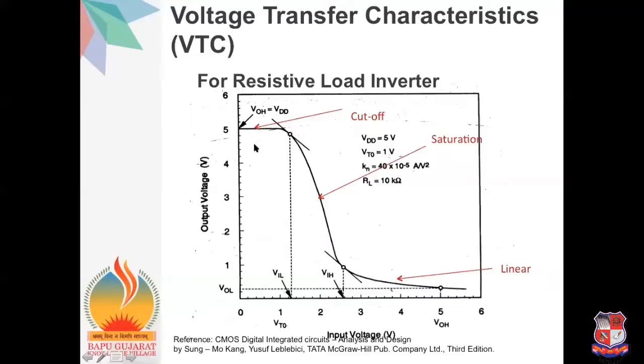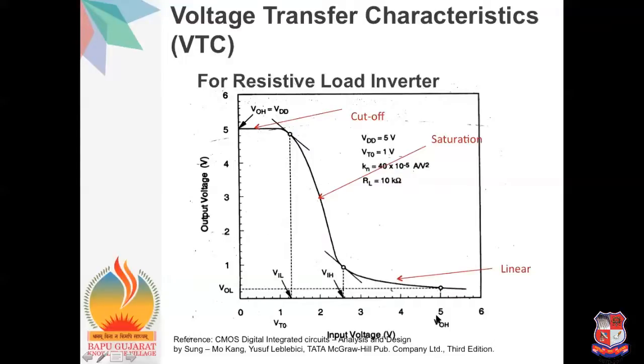At that time the output is the high output VOH, that is equal to VDD at input 0. Then the output voltage slightly decreases, and when the slope dVout by dVin becomes -1, that is the critical voltage point VIL, the output decreases drastically. And at the other critical point where the slope dVout by dVin is equal to -1, known as the input high voltage VIH, the output goes to the VOL point, that is the output low voltage.